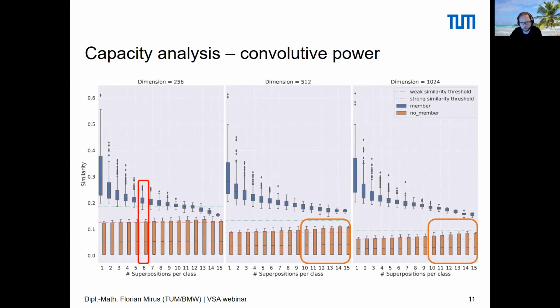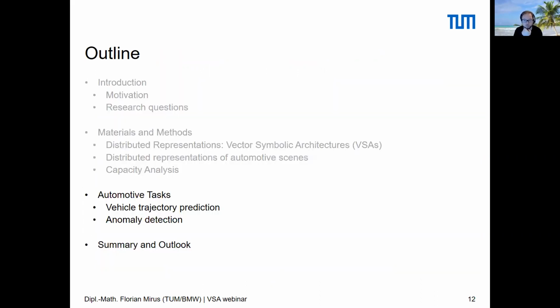But we also have to note that the more items we add up, the noise of the non-members increases. So that's something to keep an eye on. But still, for the higher dimensional vectors, the similarity of the members is still high enough compared to the non-members to be distinguishable.